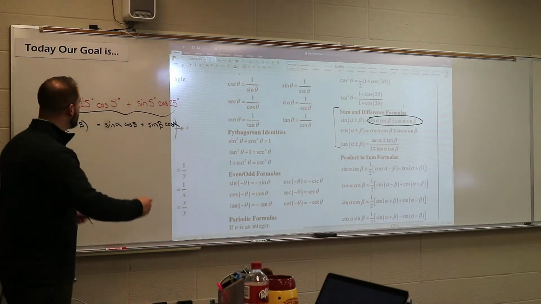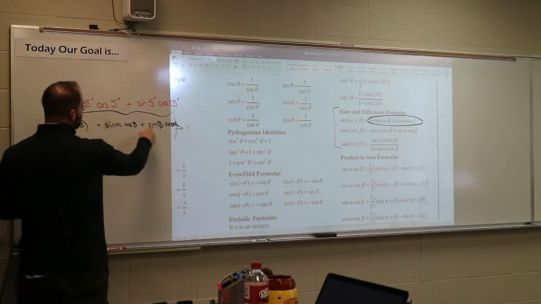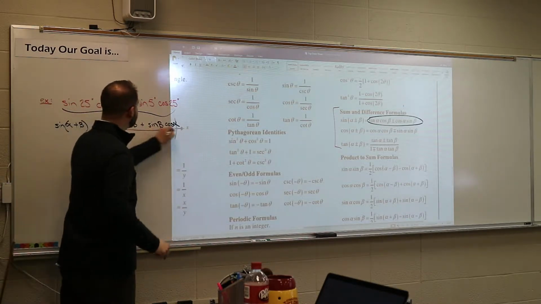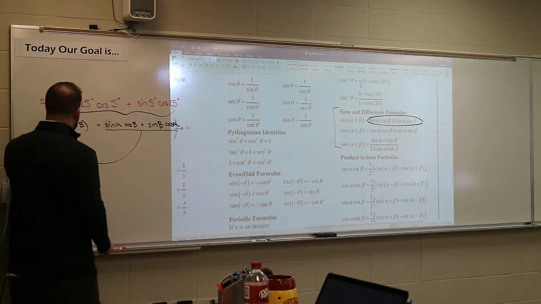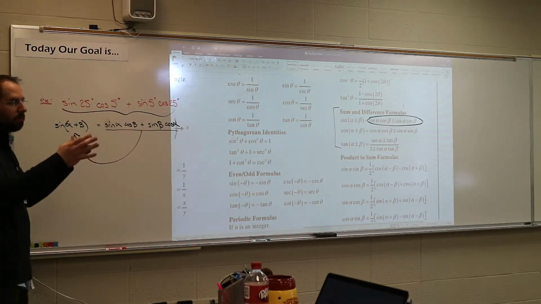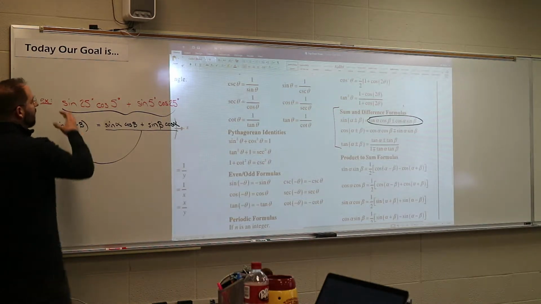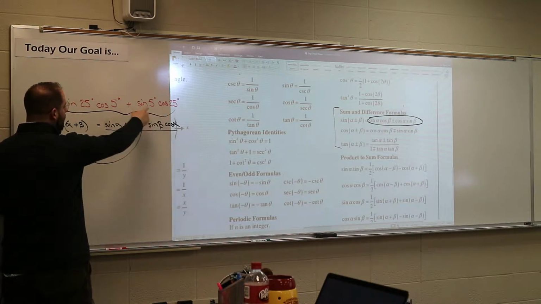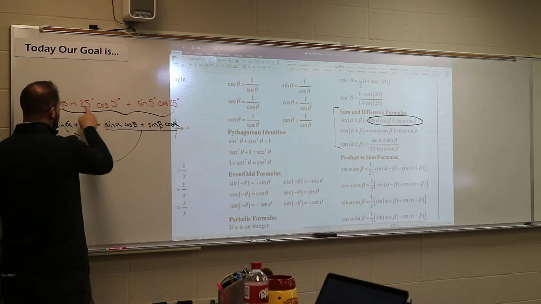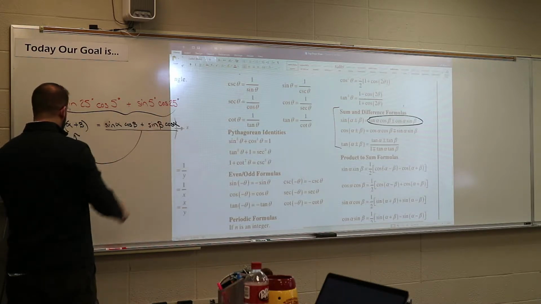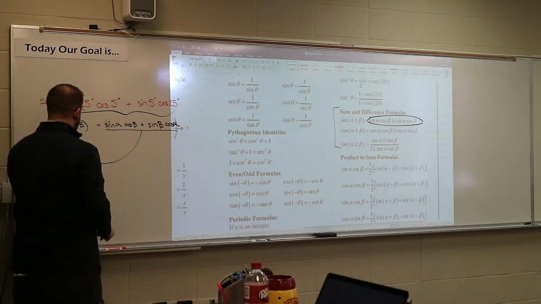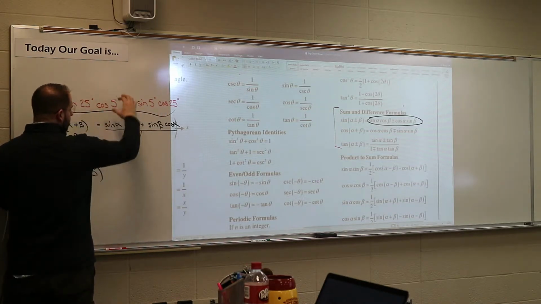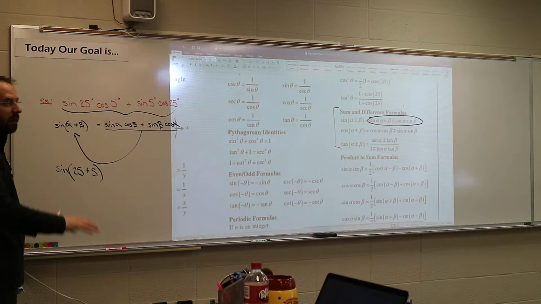You can actually see that these are the same numbers, alpha and beta in both parts. If you recognize that, you can go back. You can take this formula, which you have, and go back to the original one. You can simplify it down to a single trig function if this is what you have in one of your problems. Well, this whole thing is sine of the two angles put together. The two angles they're using in this whole problem are 25 and 5. This part in red is this problem. That's it. That's the entire problem.